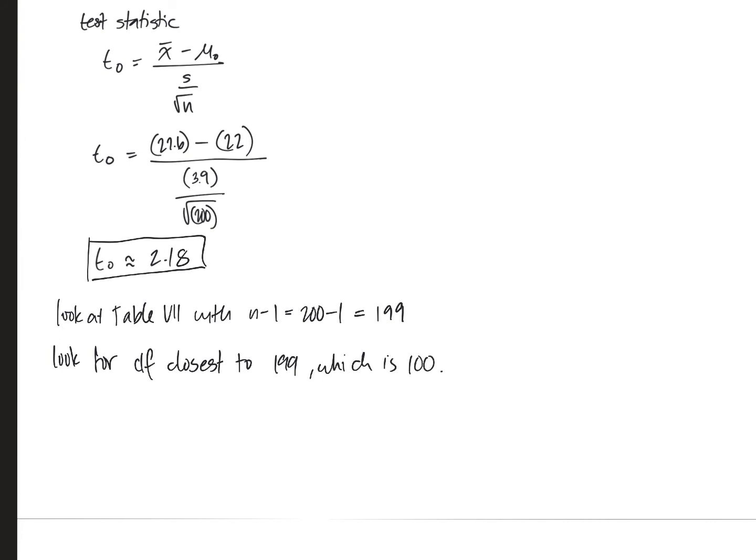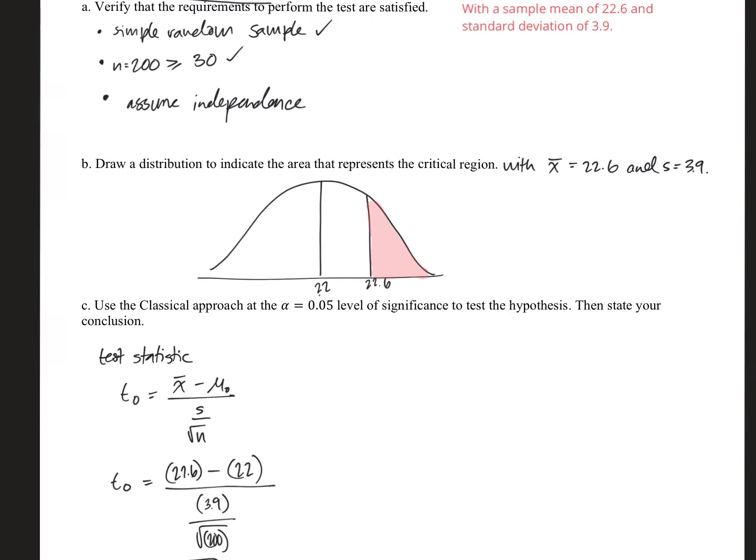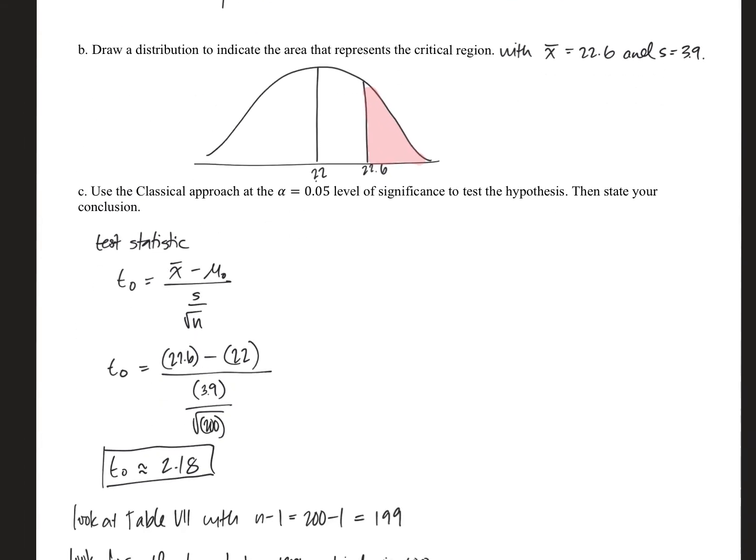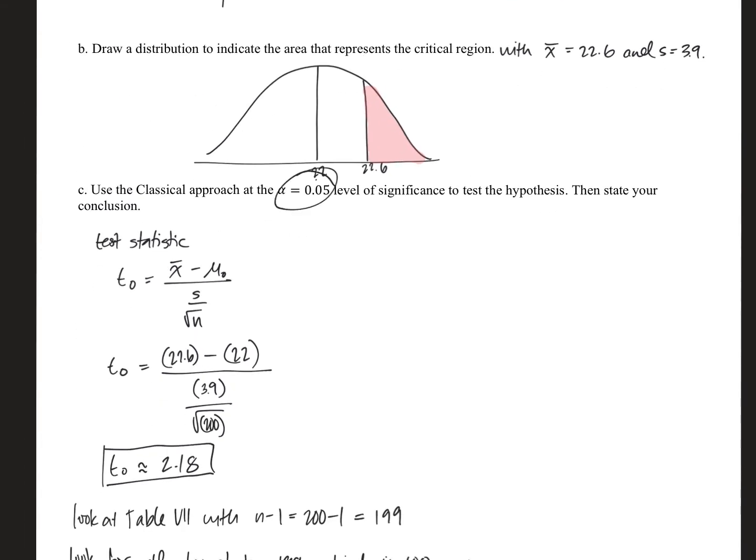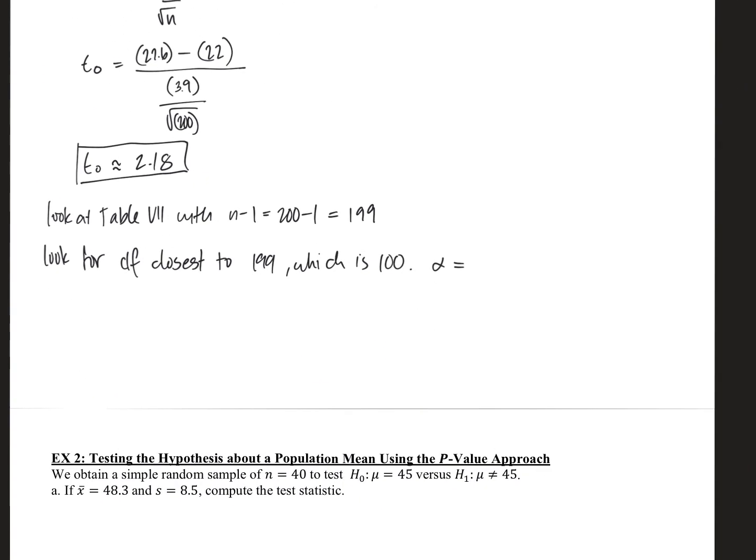And then we're going to look for our alpha, which in our case is, let's take a look, alpha was 0.05. So look at 0.05. If we look at our table, underneath 0.05 at 100, we end up with 1.660.